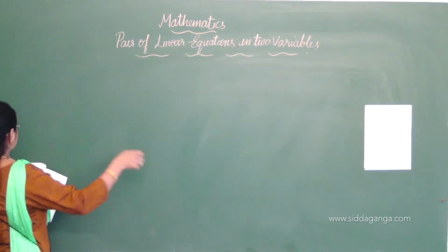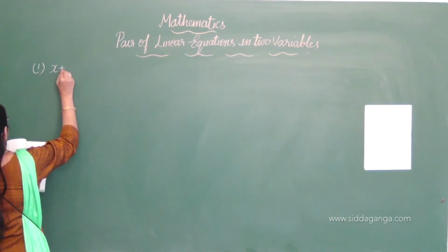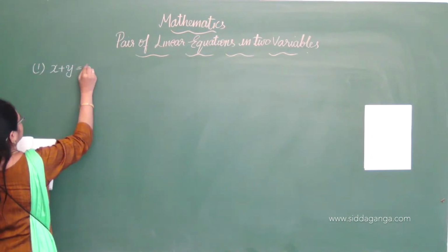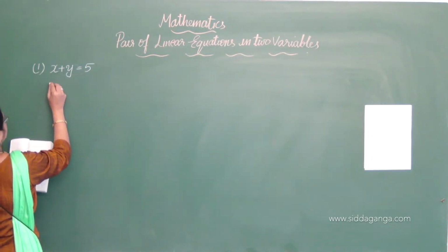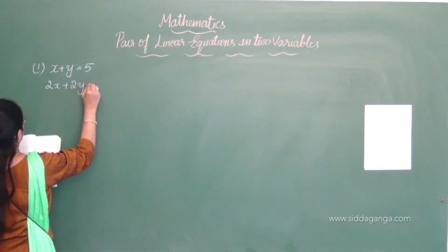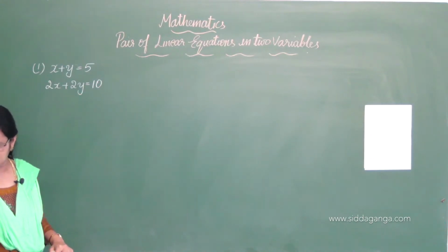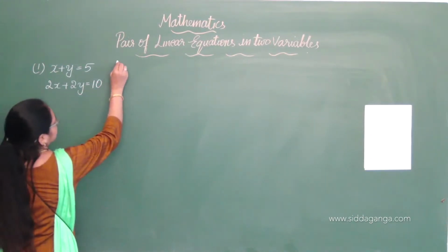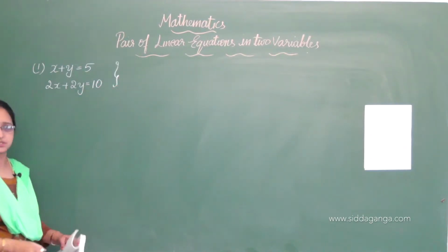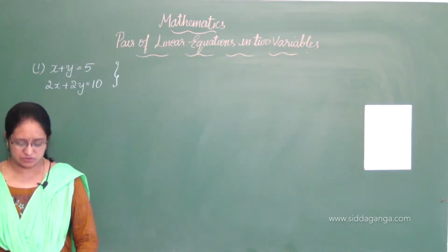Now the first one: x plus y is equal to 5 and 2x plus 2y is equal to 10. So these are the equations. Now let us see whether it is consistent or inconsistent. What is the procedure you have to follow?